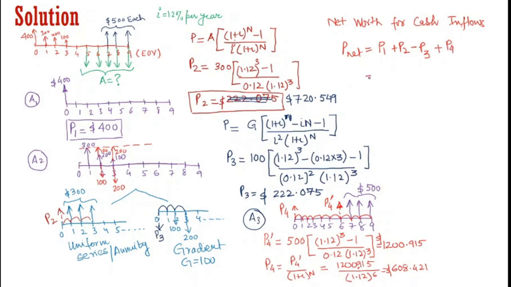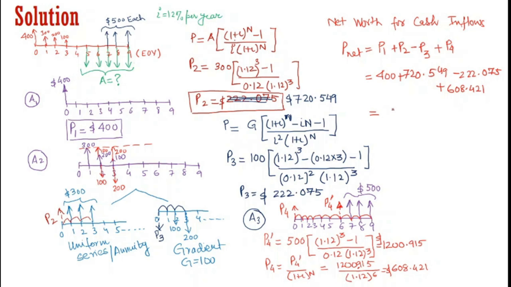So if I just add all these values, this will be 400 plus P2 is coming out to be 720.549 minus P3 is coming out to be 222.075, and finally P4 is 608.421.